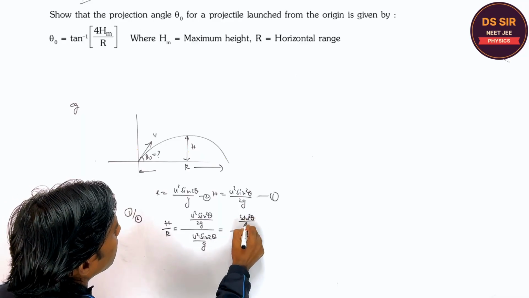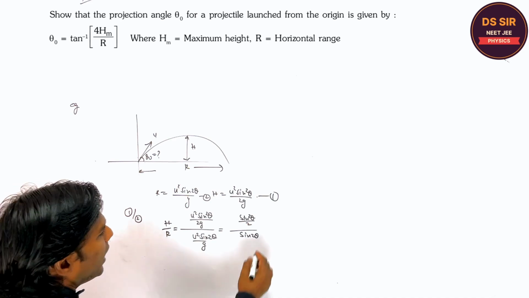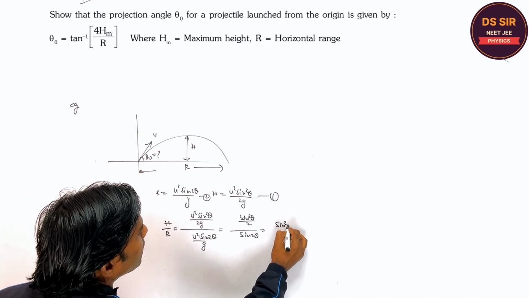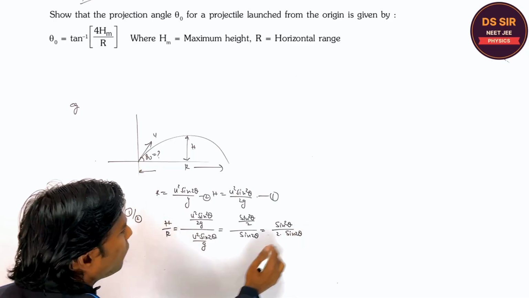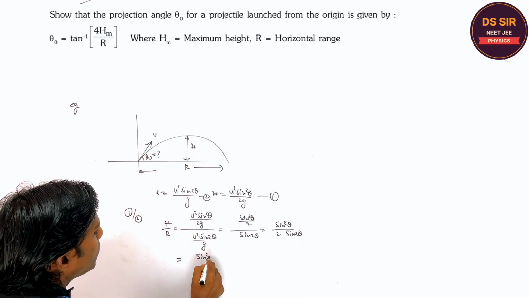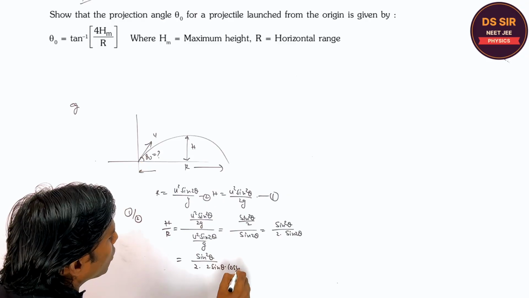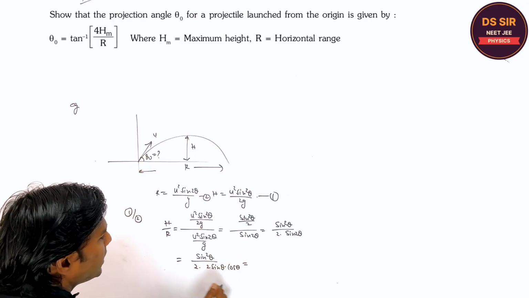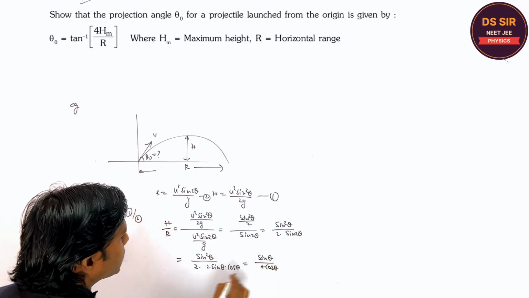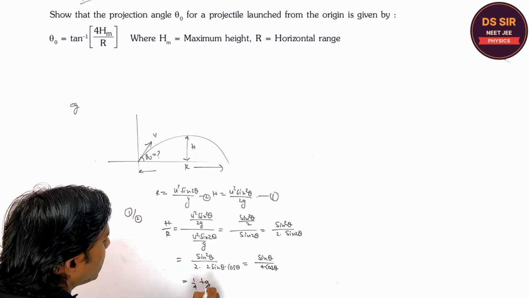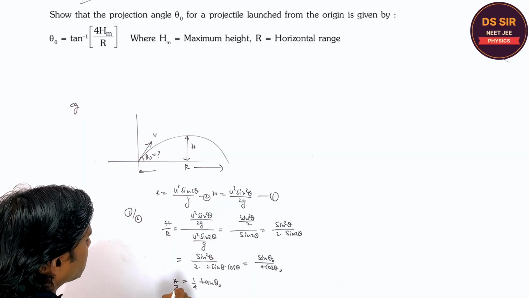In the numerator, sine square theta, and in the denominator 2 into sine 2 theta. What is the formula for sine 2 theta? 2 sine theta cos theta. So sine theta will cancel out. It is equal to 1 by 4 into sine theta upon cos theta, which is tan theta. This is h upon r.